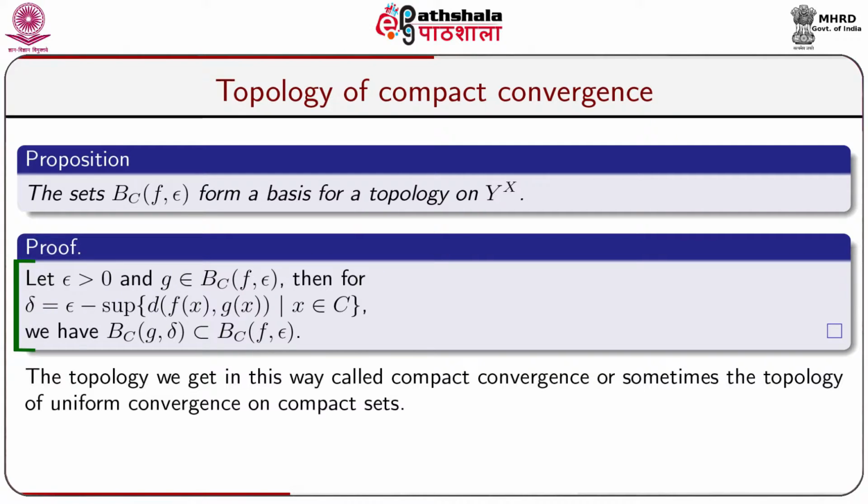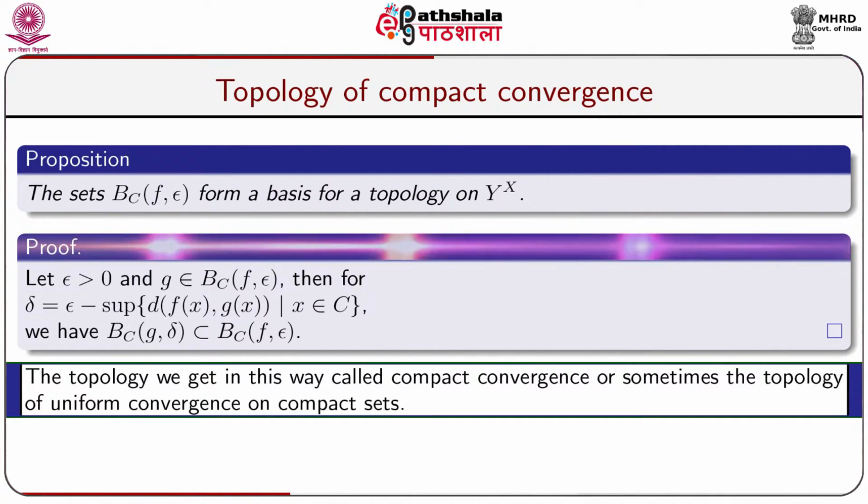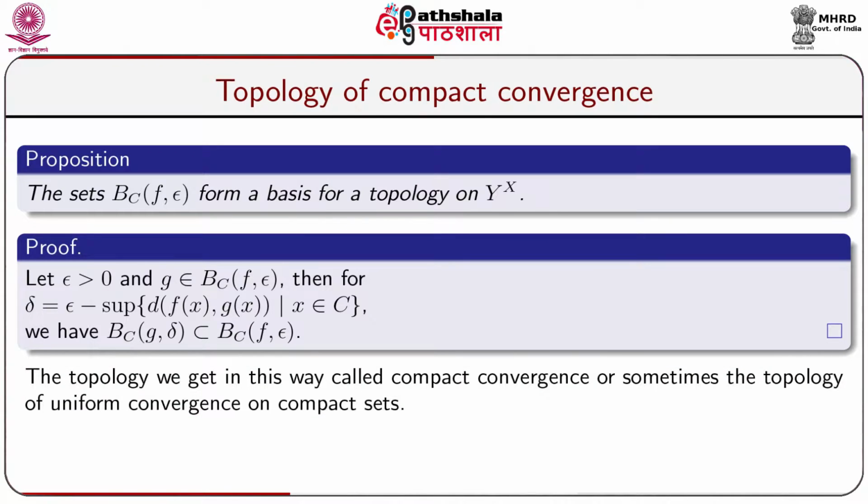This proves that the collection of the sets B(C, f, epsilon), where C is a compact set and f is a function from X to Y, is a basis for some topology on Y to the power X. This topology is called compact convergence, or sometimes the topology of uniform convergence on compact sets.